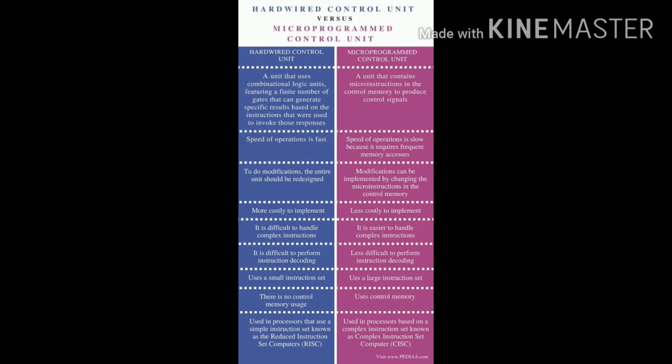The cost of hardware control system is high as compared to software control system because of bulky wires and gates. Also, in the case of hardware control system, the instruction set required to control it is smaller as compared to software control system because of the use of logic gates.